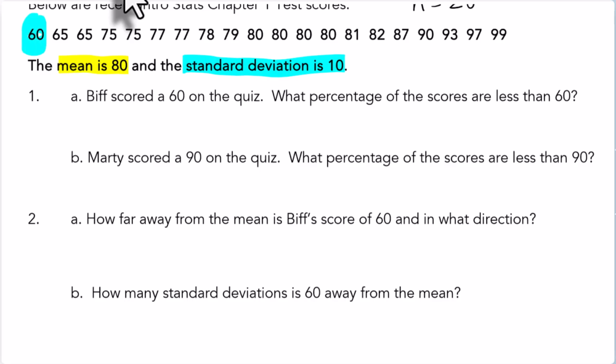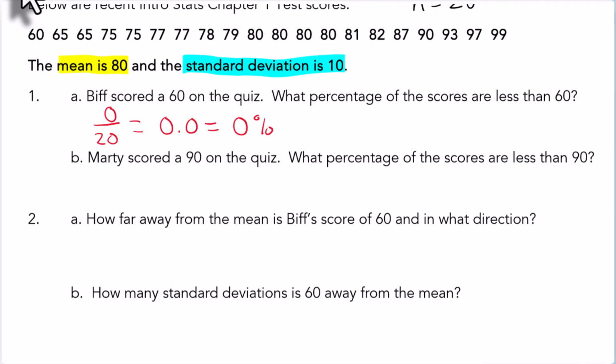What percentage of scores is less than 60? Well, we don't have anything less than 60. So that just means we would have a fraction of 0 over our 20 pieces of data. And when we calculate that, we would get 0.0, which is the same thing as 0%. So as a decimal, we don't have any, but we're asked for the percentage of scores that are less than 60.